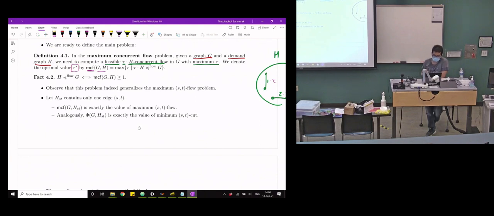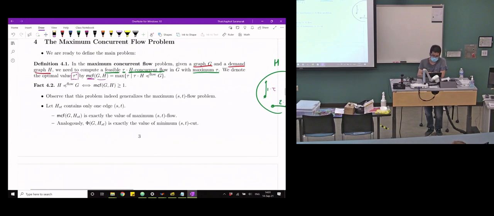So that is the maximum concurrent flow problem. Let's observe first that this problem really just generalizes the maximum ST flow problem. Why is that the case?